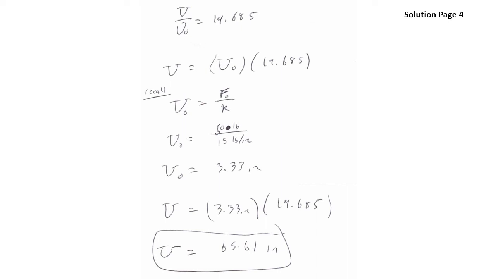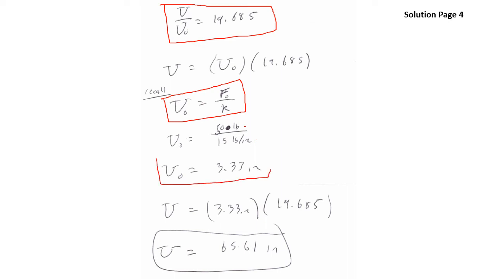So with that value of U over U naught equal to 19.685, I now have U can be separated out. If I rearrange this, U is equal to U naught times that 19.685, where, if we recall now, we have an equation relationship for our U naught here, F naught over K. So my F naught's given to me in the problem statement as 500 pounds. My K is given to me as 15 pounds per inch. So I can plug straight in there, and now I can get a value for U naught right there, in inches.